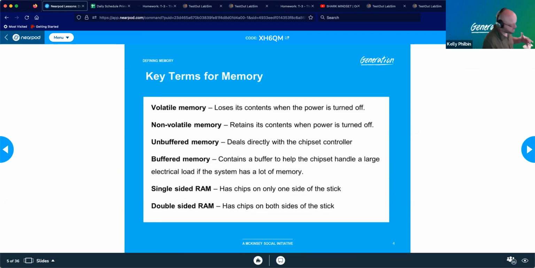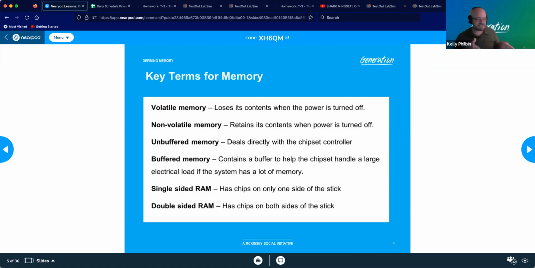Unbuffered, just basic definitions. This is dealing directly with the chipset controller. Buffered is much like when you're watching a video and you always see that little gray bar load up before you start to play, where it's loading up some of the video before you start watching it. It's creating a buffer, a little bit of built-in gap.